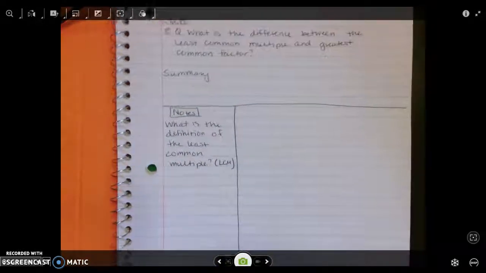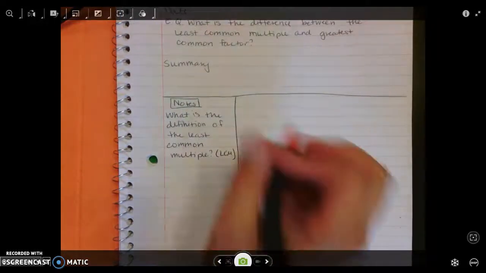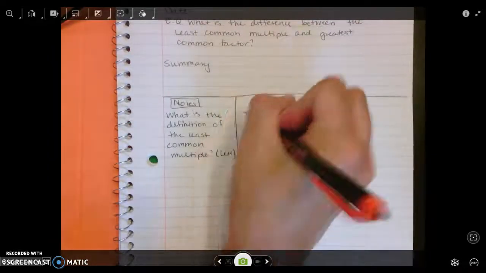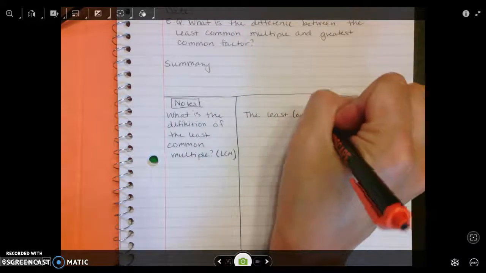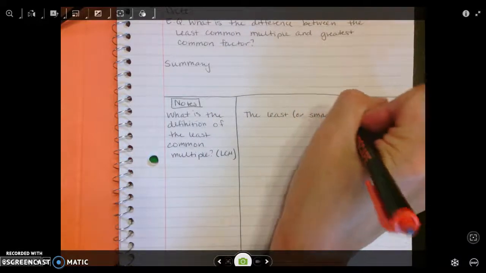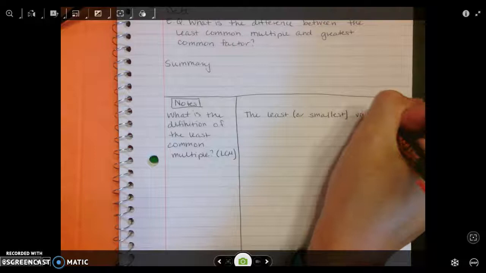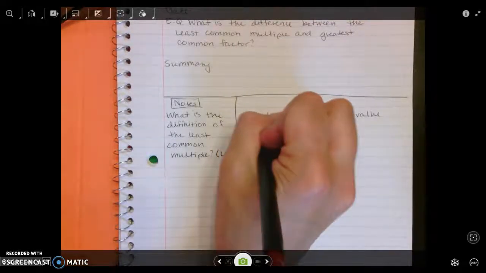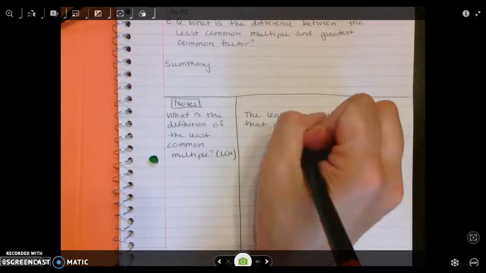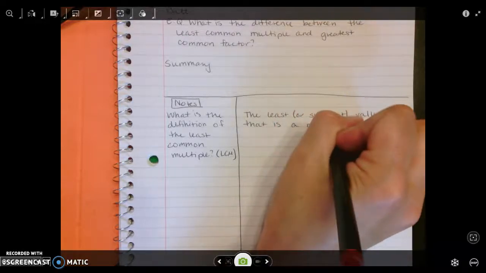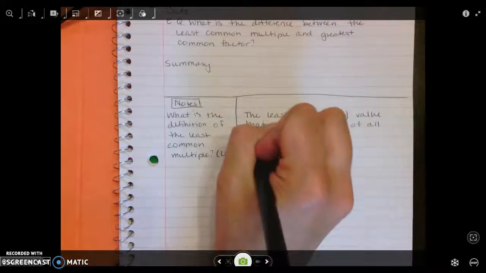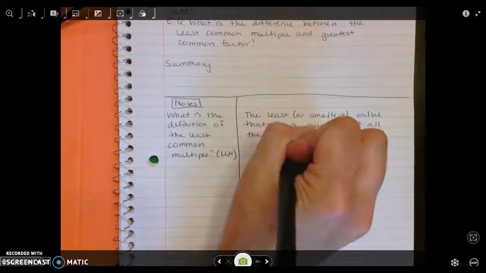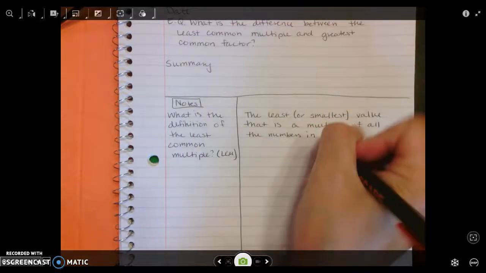Now, the definition of the least common multiple is the least or smallest value that is a multiple of all the numbers in a set.